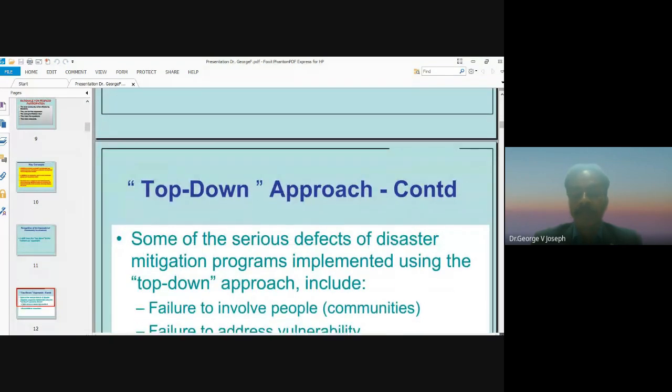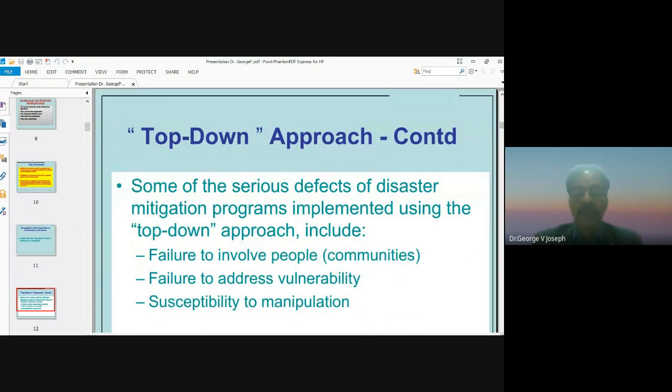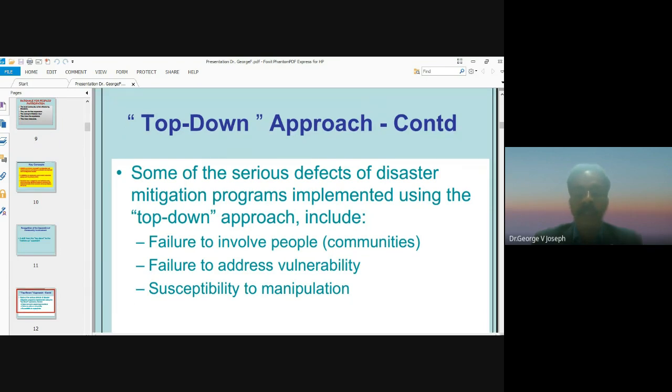Some of the serious defects of disaster mitigation programs implemented using top down approaches include failure to involve people. In many cases we have seen slum settlement rehabilitation programs wherein people used to rear animals, and some government agencies built multi-story buildings for them, but it was not suitable for these people.